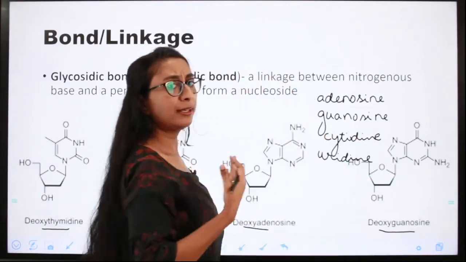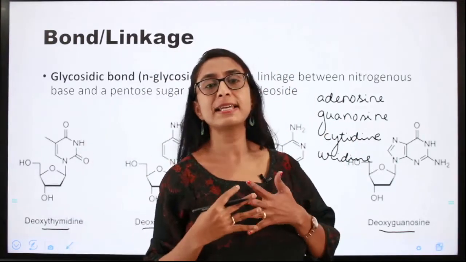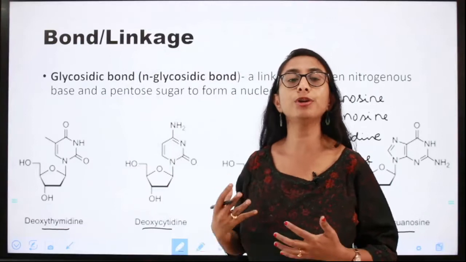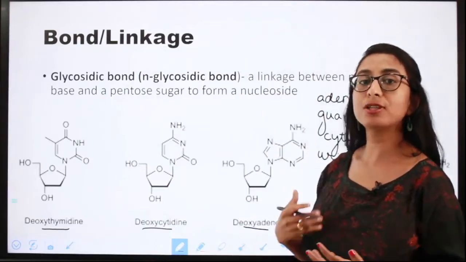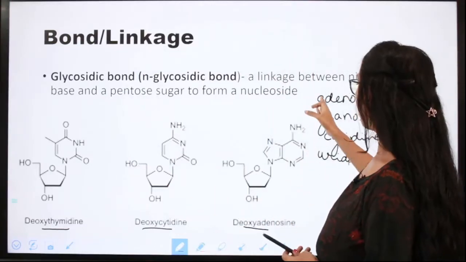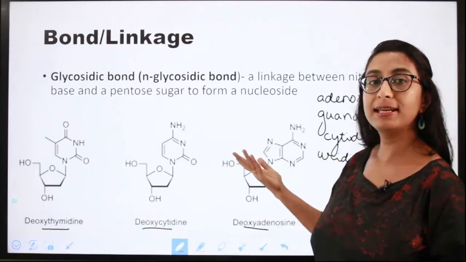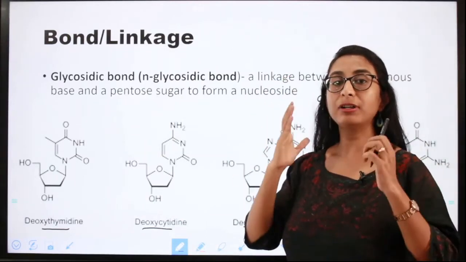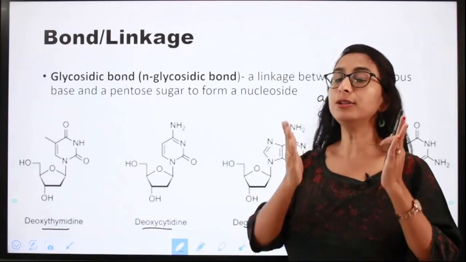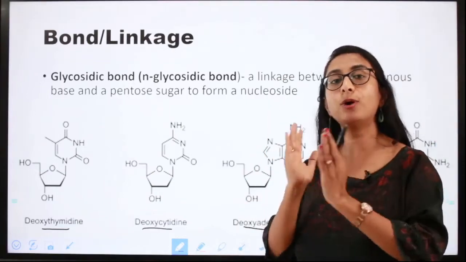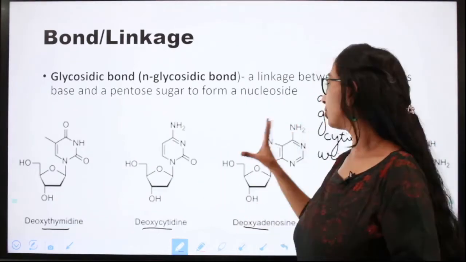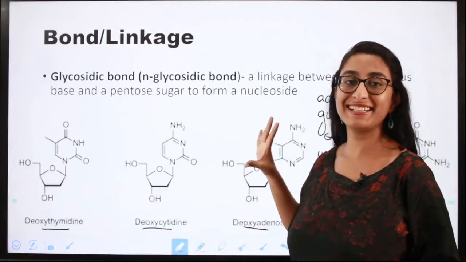Now you might get a question asking what nucleosides are present in DNA or in RNA. Suppose you get these options and in the 4th one, instead of uridine, it is something else. Now you must have a clear picture of what the nucleosides in DNA and in RNA are, so that you can arrive at the right answer.